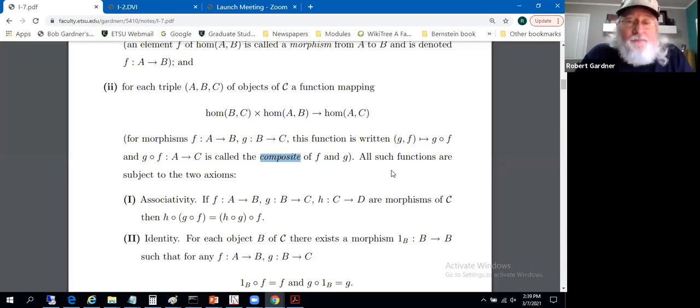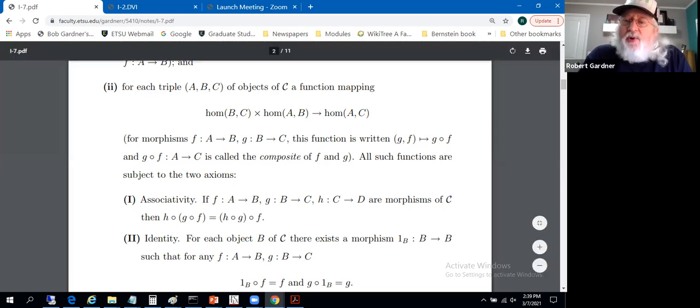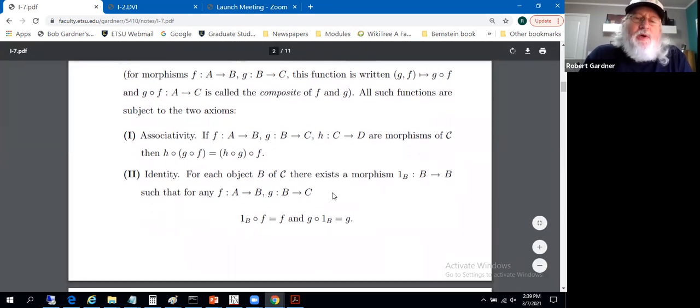In addition to that, we require that these composites satisfy the following. We have associativity and there's an identity. So with the proper domains and codomains, so that we can take a composite of three functions, h composed with the composite g composed with f is the same as h composed with g, and then take a composite with f.